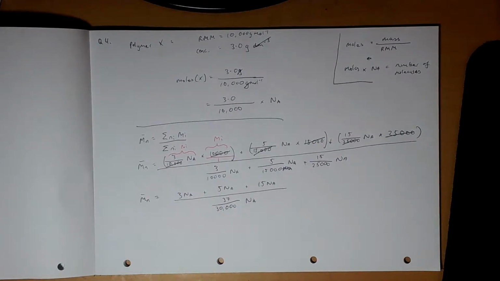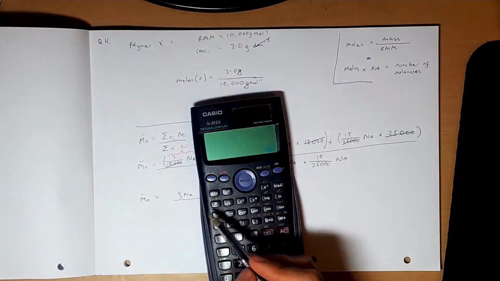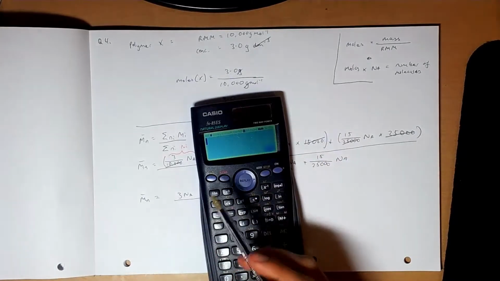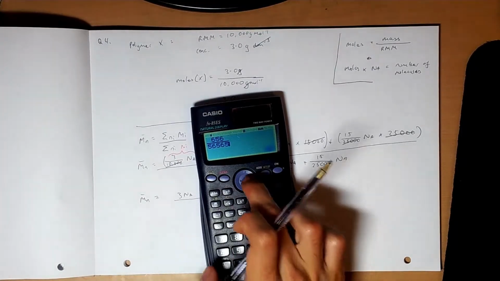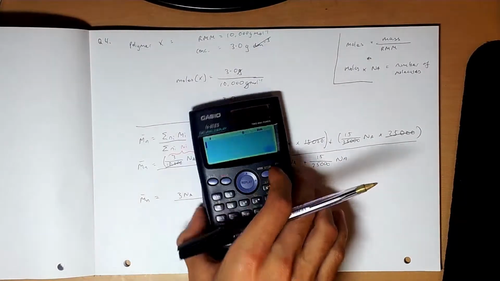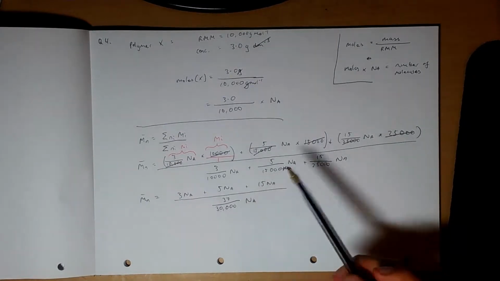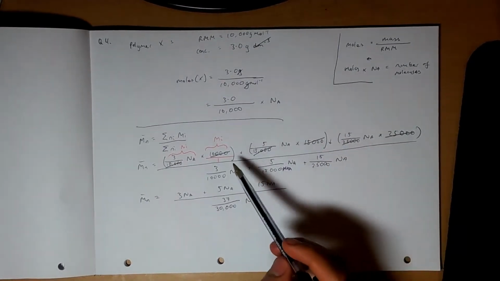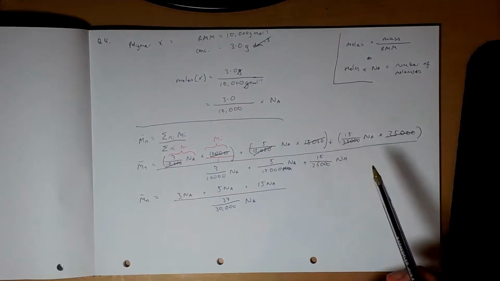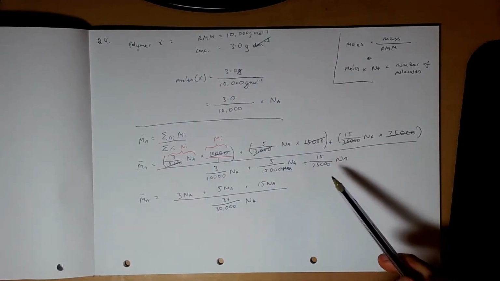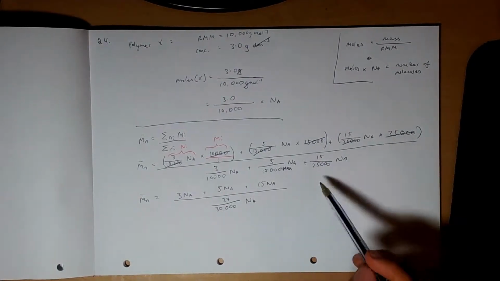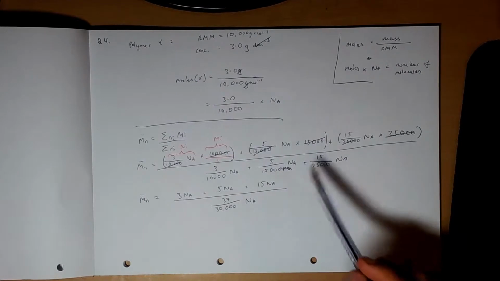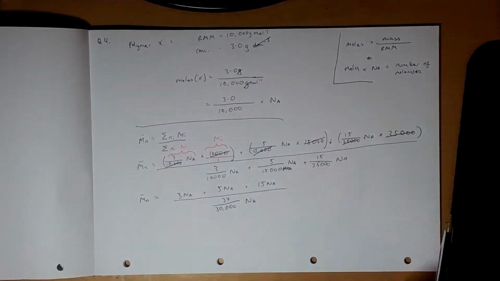If you look at the standard Casio scientific calculator, this button here will let you input fractions, so you can put these in relatively easily and add them together. You can do it by hand. It involves finding a common denominator between these fractions, which would be 150,000, and so whatever you would need to times 25,000 by to get to 150,000, you would times the top by as well. You would then have a bunch of different numbers over a common denominator which can be added together, and simplify down to the same thing.